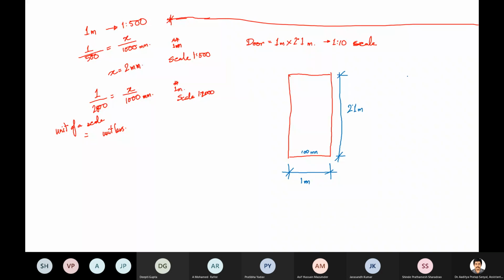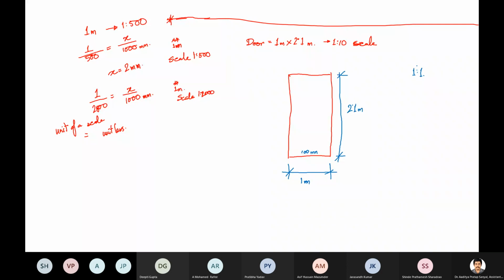What is the scale of the 15 centimeter geometry box ruler? Sir, 1:1.